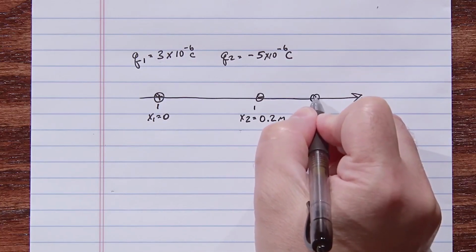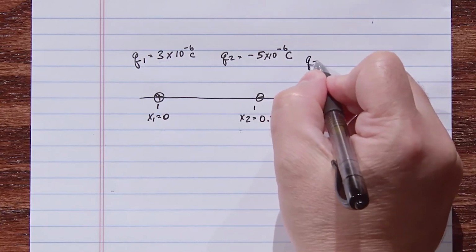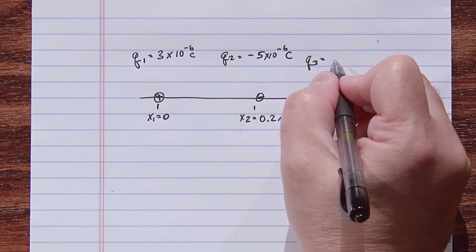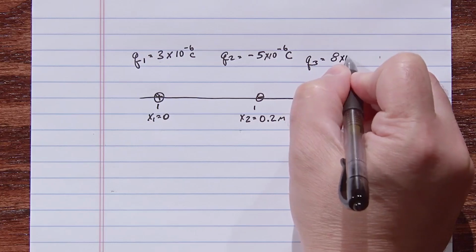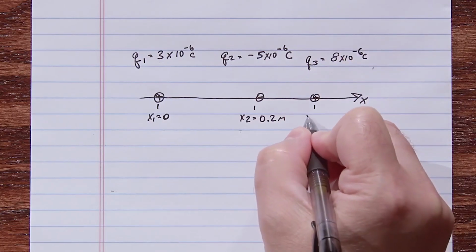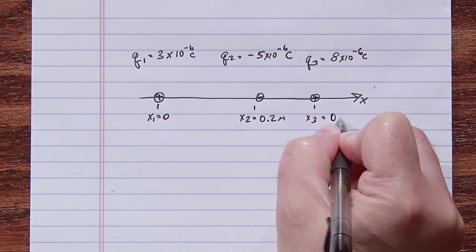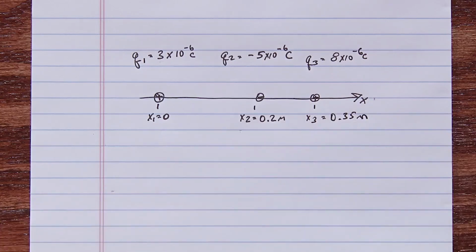And my third charge is a positive charge, and that is Q3 is equal to 8 microcoulombs, or 8 times 10 to the minus 6 coulombs. And it's located at x3 is equal to 35 centimeters, or 0.35 meters.